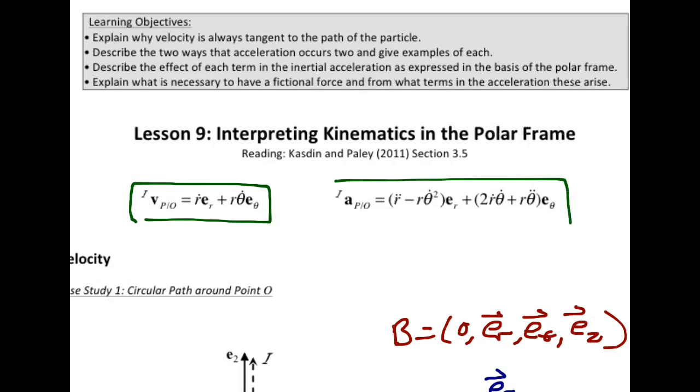And by defining these directions, it gives us insight on what these velocities, these two components of the velocity, as well as these four components of the acceleration, actually mean, and give us interpretability. Whereas if we put everything in the inertial basis, then we really had some issues there regardless of what coordinate system that we used, whether it was a Cartesian coordinate system or whether it was a polar coordinate system.